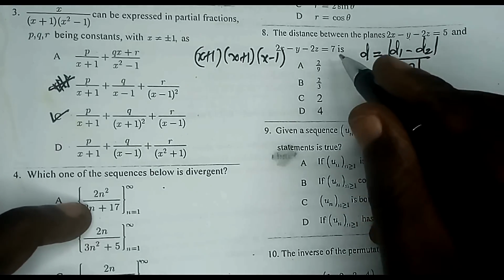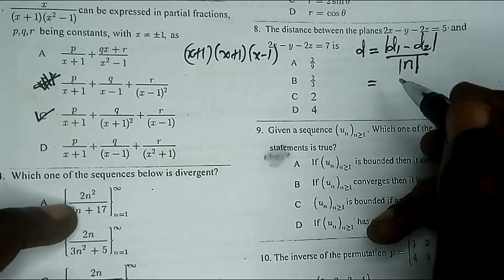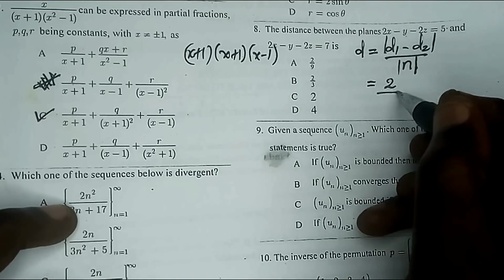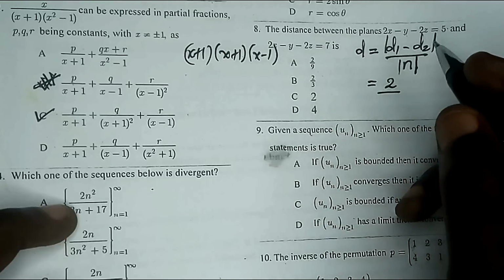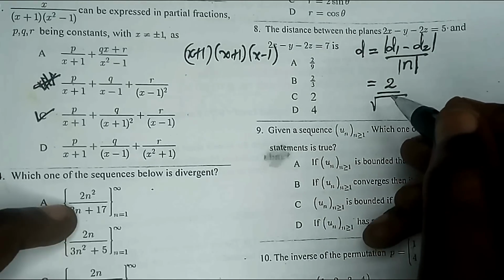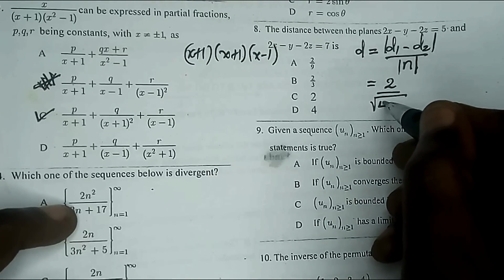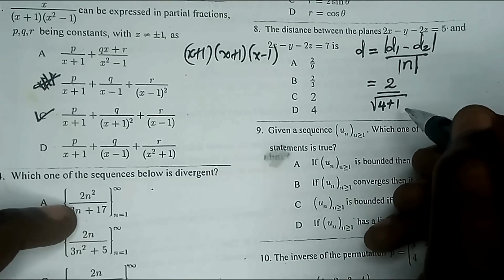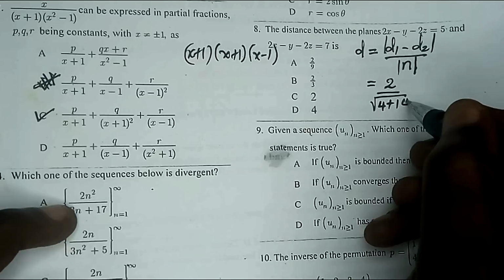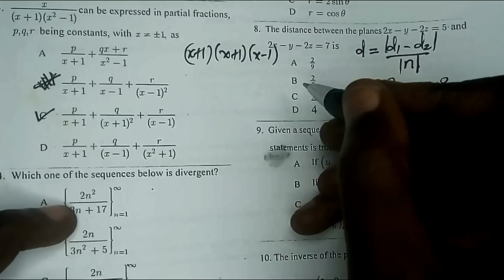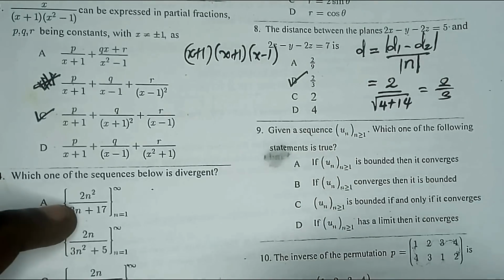So this should be the absolute value of 5 minus 7, which gives 2, all over the magnitude of the normal vector, which is the square root of 2 squared 4 plus negative 1 squared 1 plus negative 2 squared 4. That is 2 all over the square root of 9, which is 3. So the answer is B.